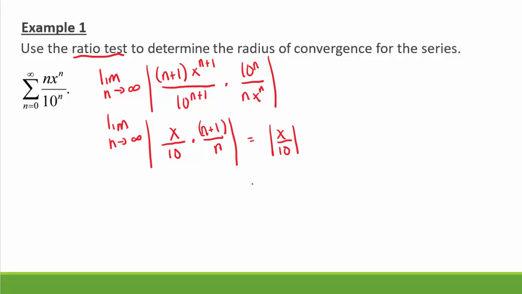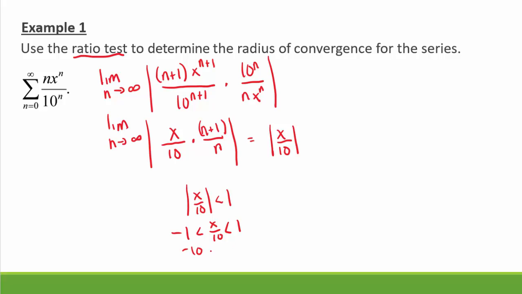Now remember that for our interval of convergence when we're using the ratio test, x over 10, your limit has to be less than 1. So really that's like saying negative 1 less than x over 10 less than 1.